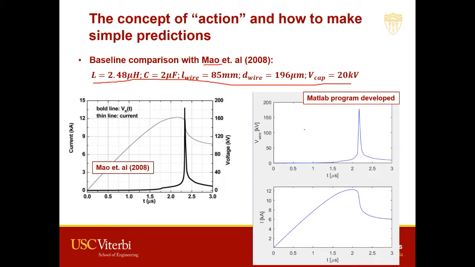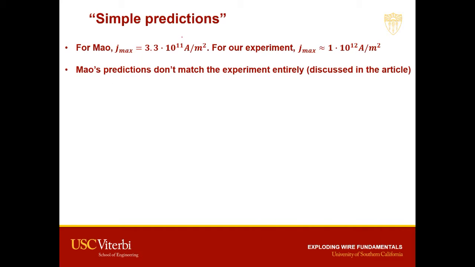This was a way of calibrating my own MATLAB program so I could perform my own predictions. We have to bear in mind that in Mao's exploding wire, the current density was on the order of 0.3 teraamps per square meter, whereas in the experiment that Jack built, the current density is on the order of 1 teraamp per square meter, which is one order of magnitude larger than Tucker's data.